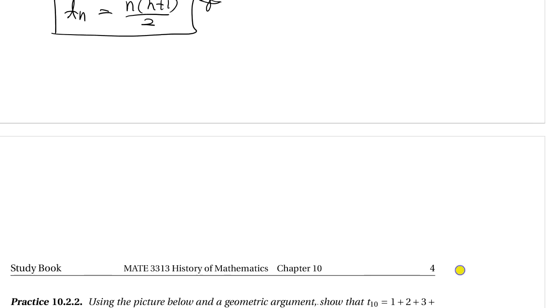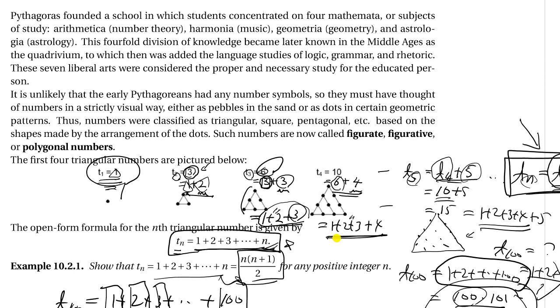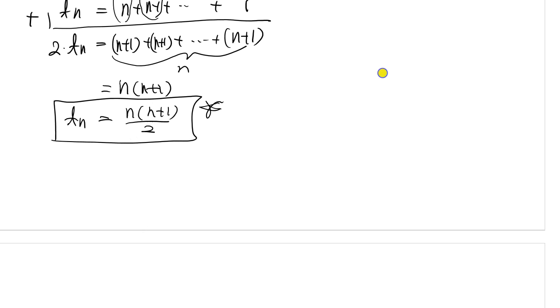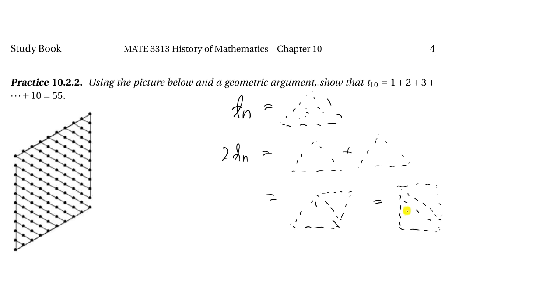When you look at that triangle shape, if it's T sub 2, then we have 2, so you can place your triangle in this way. If it's T sub 3, then we need 3 dots like this, so 3 and 3. When you think about it this way, we have n dots there, and the height must also be n dots. And we put the same triangle shape of dots above it.